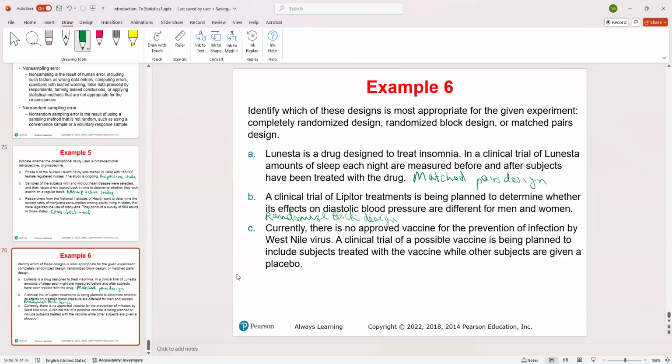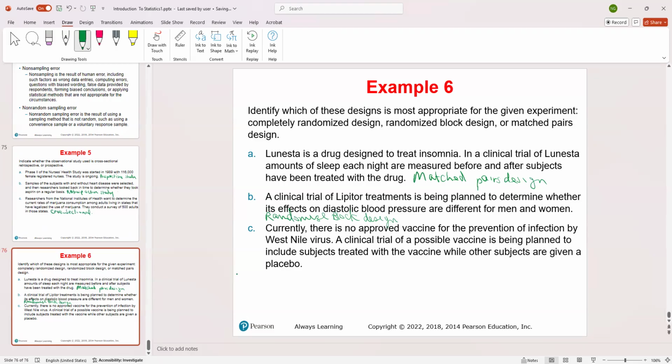Lastly, you could even guess it. We said currently there is no approved vaccine for the prevention of infection by West Nile virus. A clinical trial of a possible vaccine is being planned to include subjects treated with the vaccine while other subjects are given a placebo. So for this one also, it's a completely randomized design.